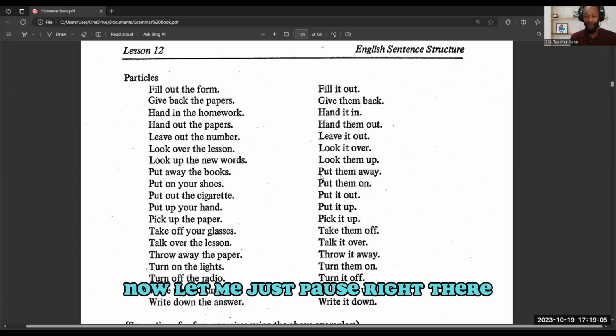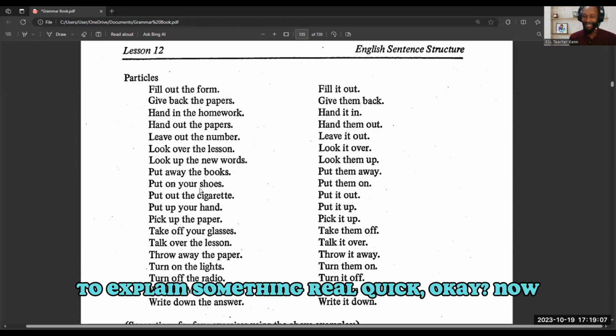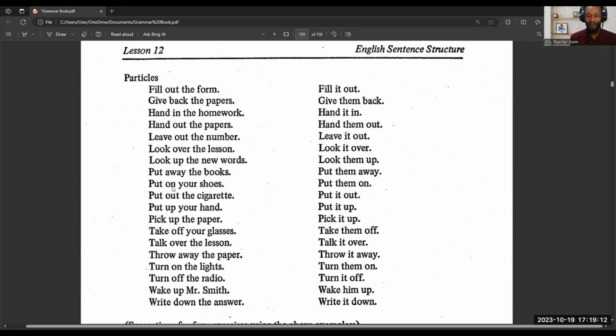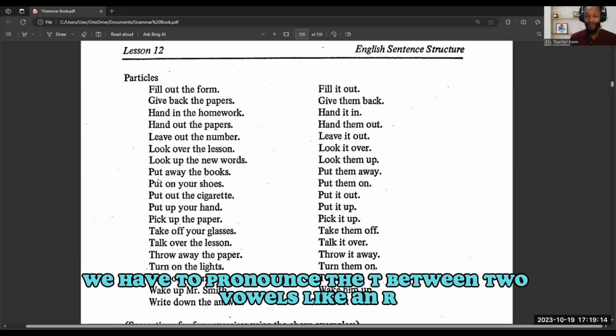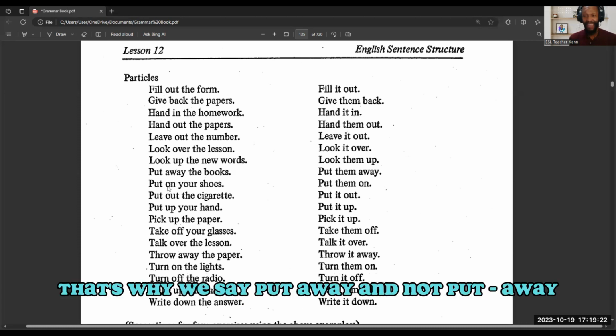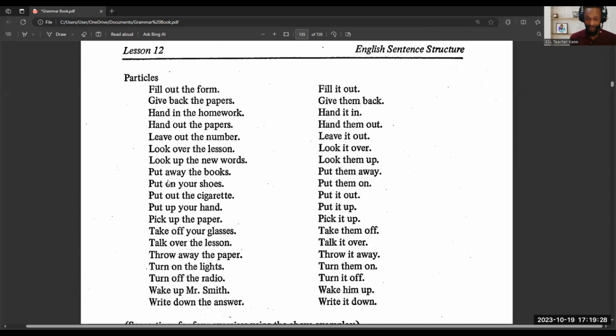Now, let me just pause right there to explain something real quick, okay? Now, we have to pronounce the T between two vowels like an R. That's why we say put away, with the flap, and not a hard T, okay?